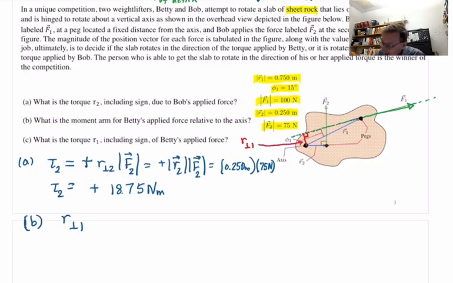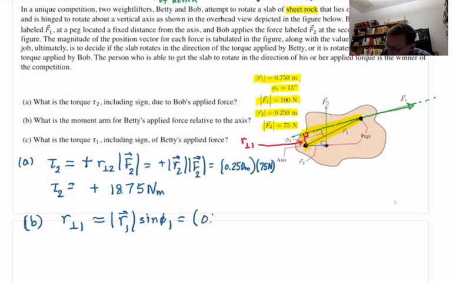Now, if you're struggling to see that, focus on that right triangle right there. R perp 1 is a leg, R1 is the hypotenuse, and there's the angle phi 1, which is 15 degrees. So R perp 1 is the magnitude of R1 times the sine of phi 1, just from trig.